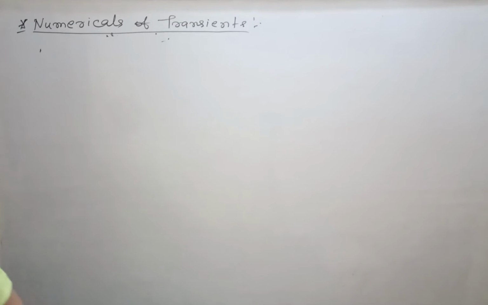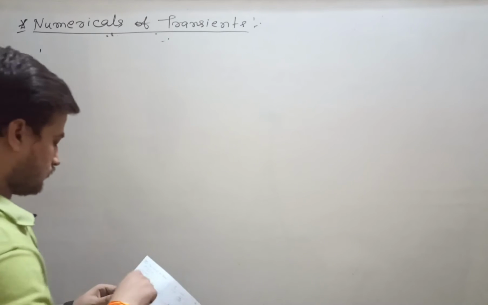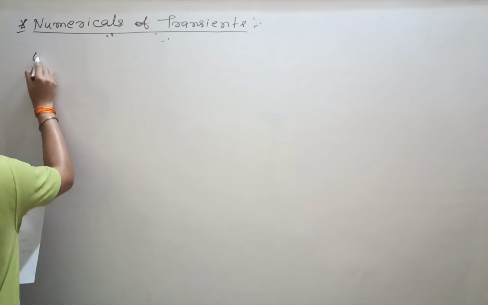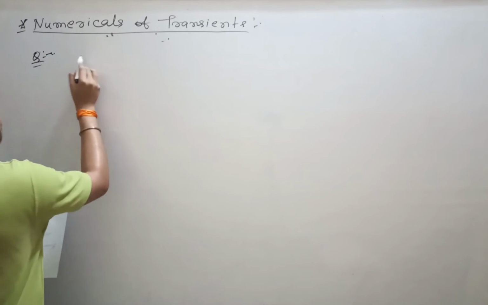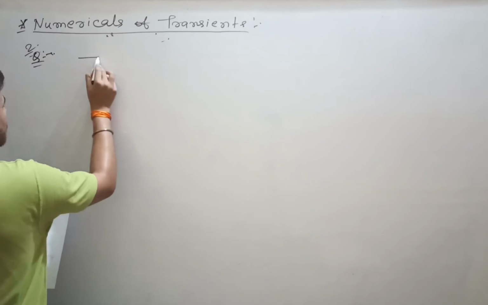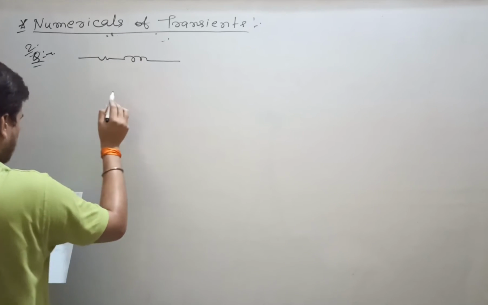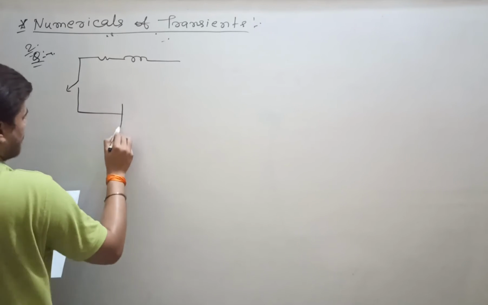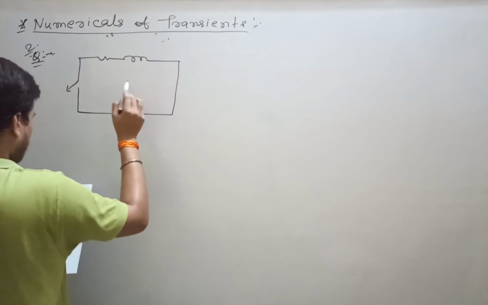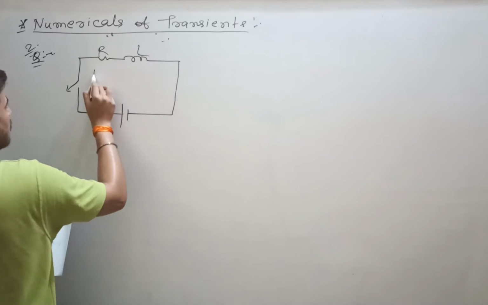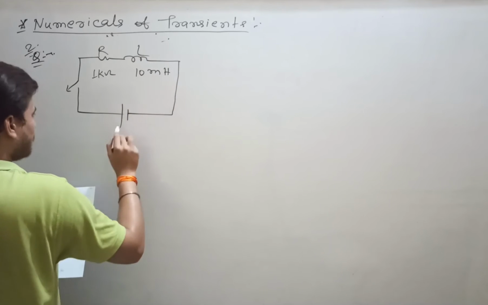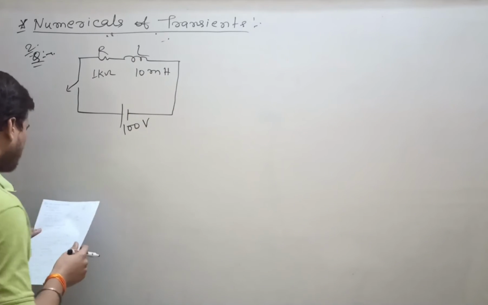Let us discuss another question. This is second question. Here it is given R, L, 1 kilo ohm, and here inductor is 10 millihenry. That means the same circuit as that of previous one.